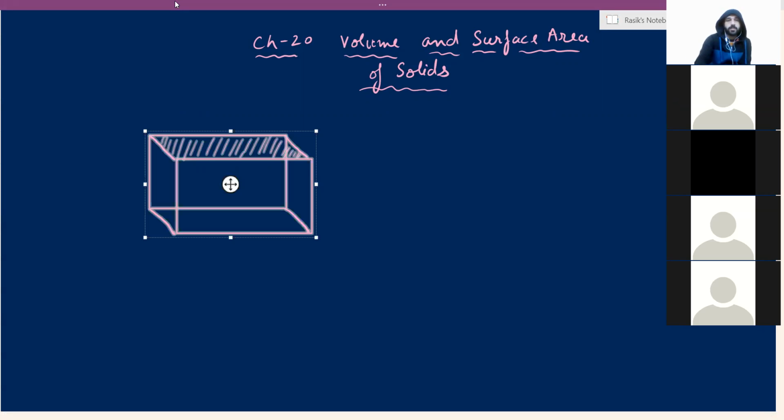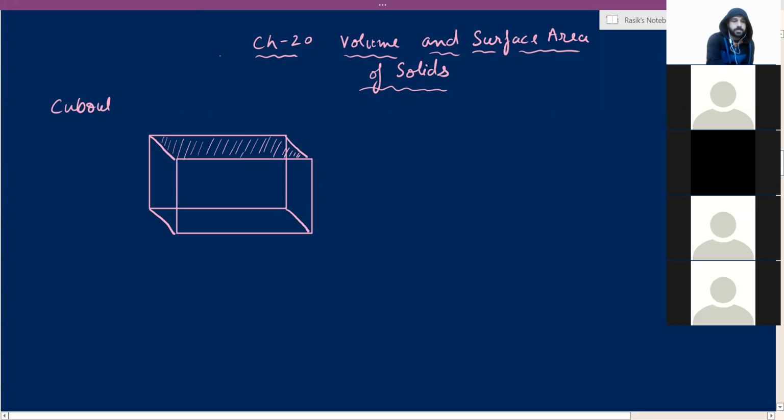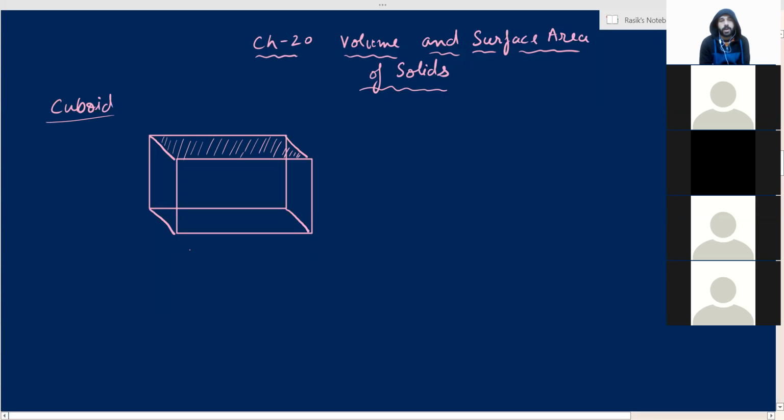Let's now discuss the formulae, the volume and surface area of a cuboid, because I have already drawn a cuboid, so let's use it. A cuboid has three dimensions: length, breadth and height.